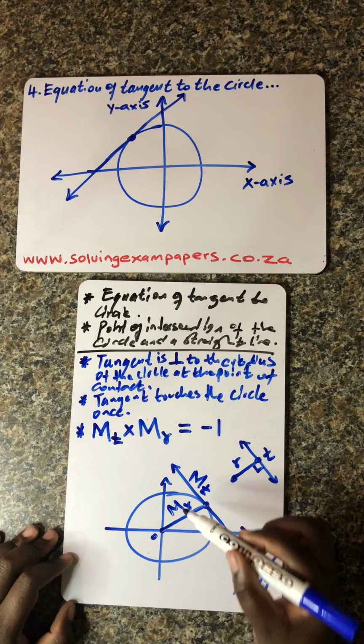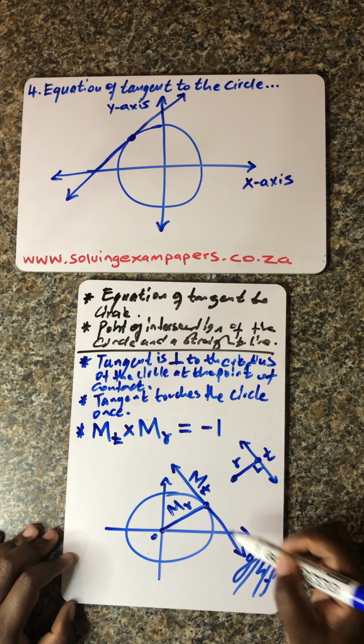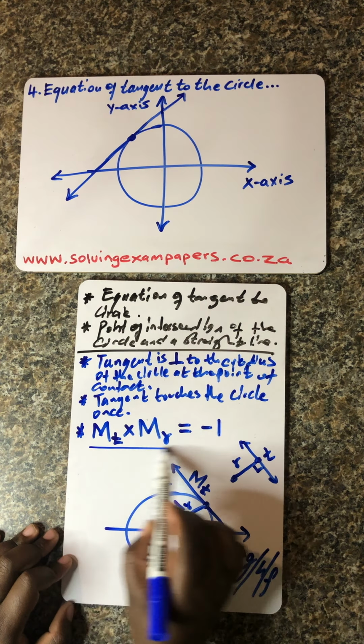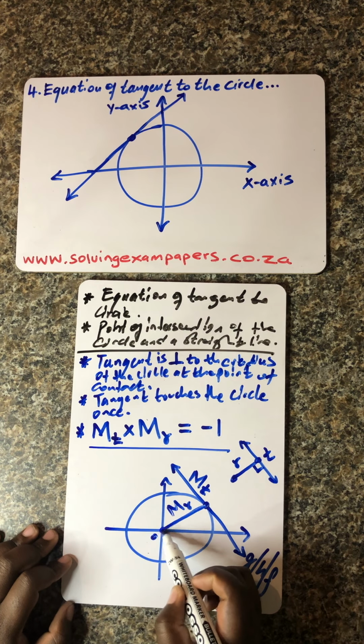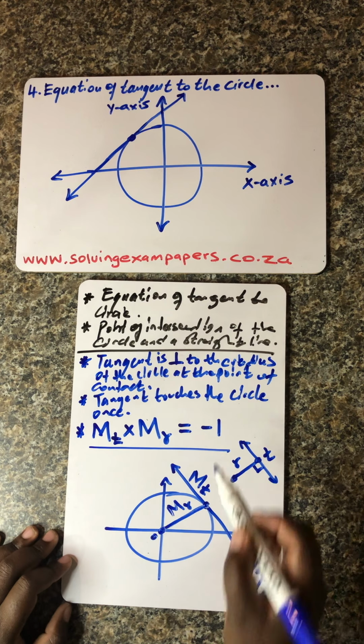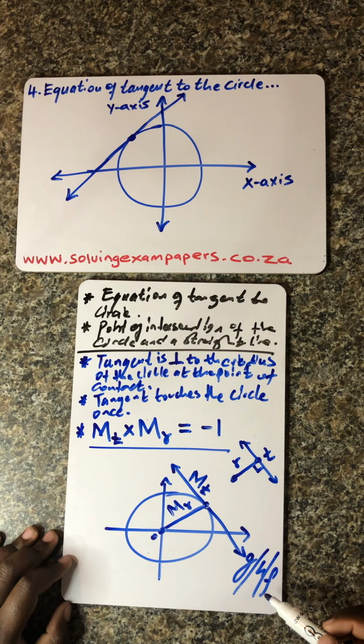This is the gradient of the radius, and this is the gradient of the tangent. This formula says that when you multiply the gradient of the radius and the gradient of the tangent, it's equal to -1.